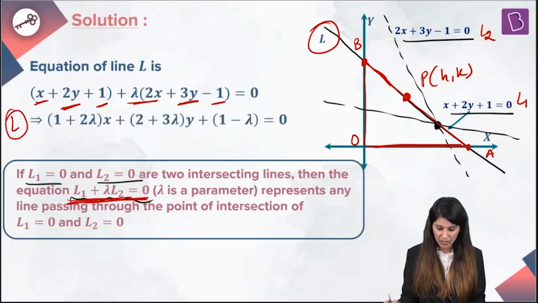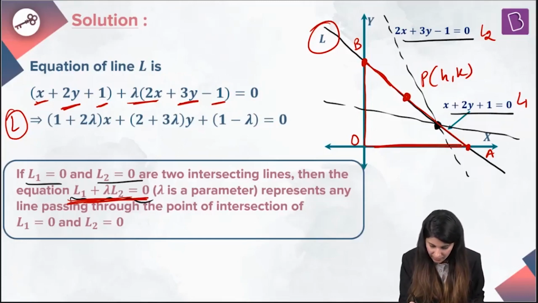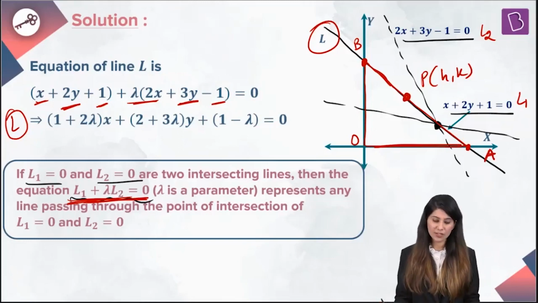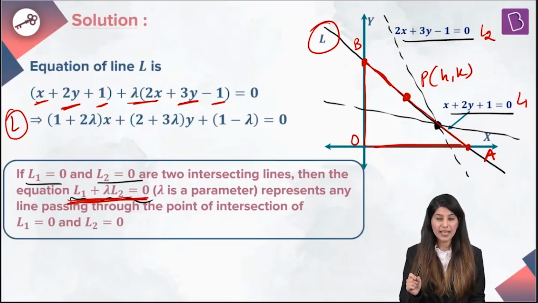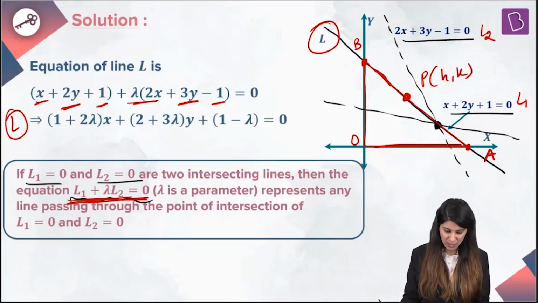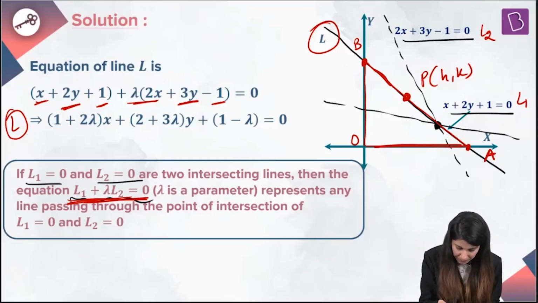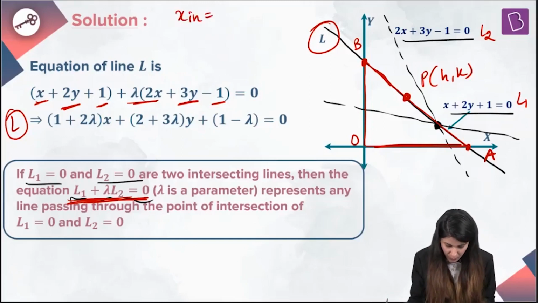Got it? Now, what I actually want this time is the coordinates of A. To get the coordinates of A here, what I want is the x-intercept of this particular line. For that, I need to put y equals 0. So when I put y equals 0, the x-intercept would be what?